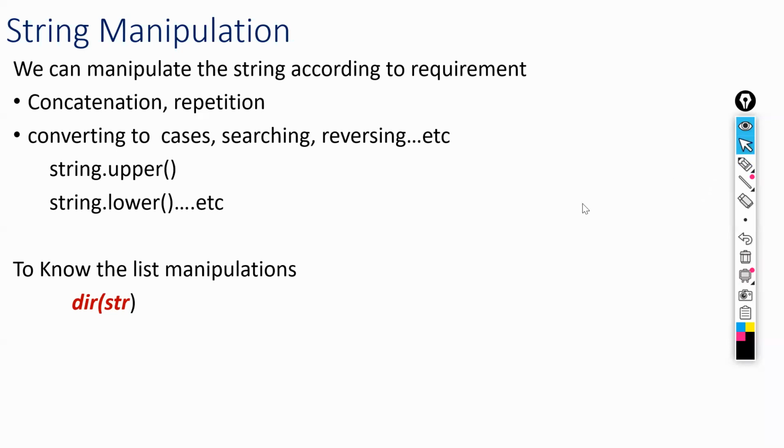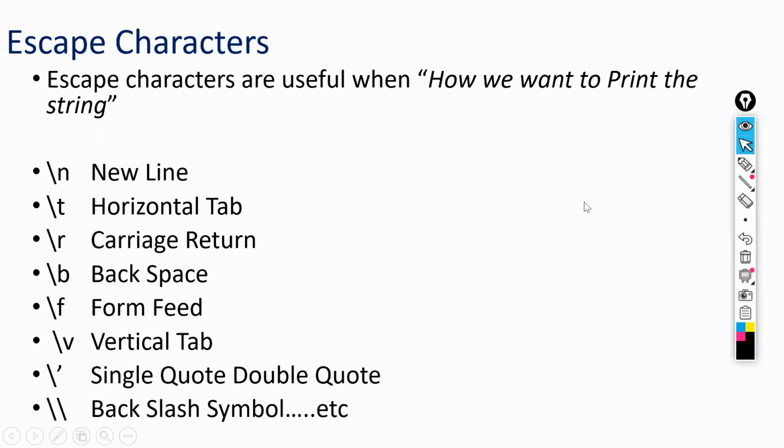Next, not only this, we can use escape characters. What do we mean by an escape character? An escape character is useful when we want to control how the string or data is printed. For example, take "hello world".